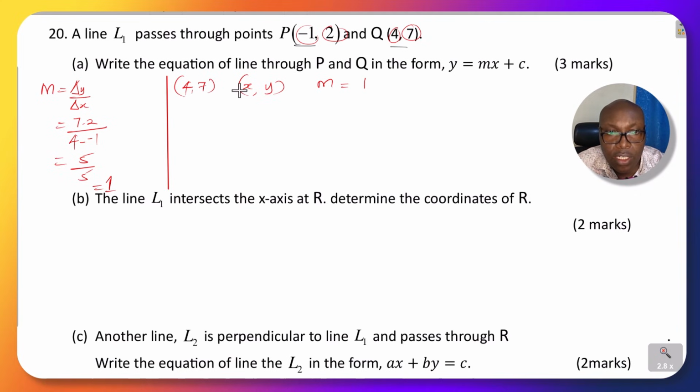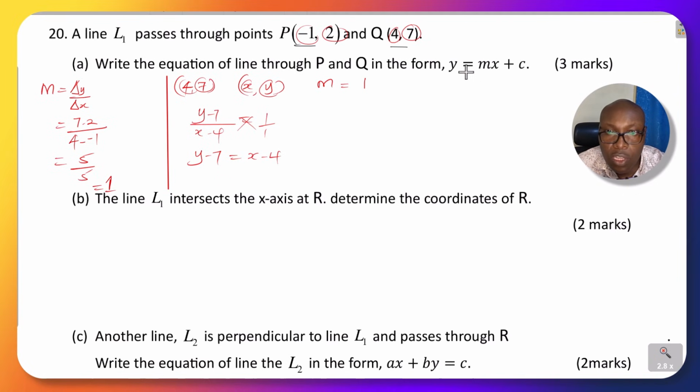The gradient of this line passing through 4, 7 and xy will be 1. So let's calculate the gradient using these 2 points. The change in y, that is y subtract 7, divided by the change in x, x subtract 4, should give the gradient, which is 1. So from there, you can cross multiply. y subtract 7 multiplied by 1 is equal to x subtract 4 multiplied by 1, that would be x subtract 4.